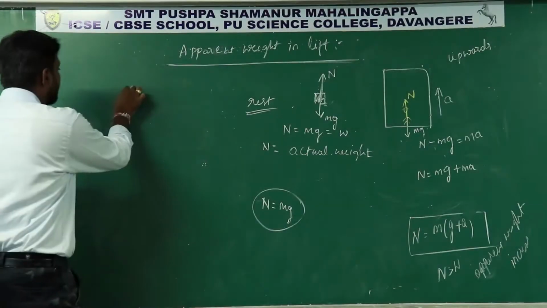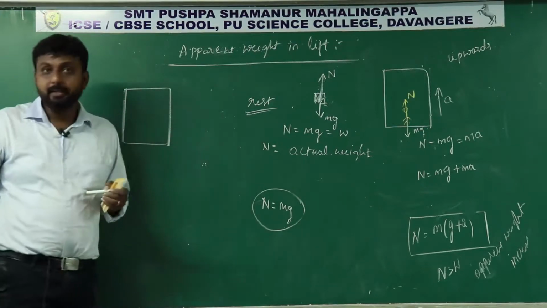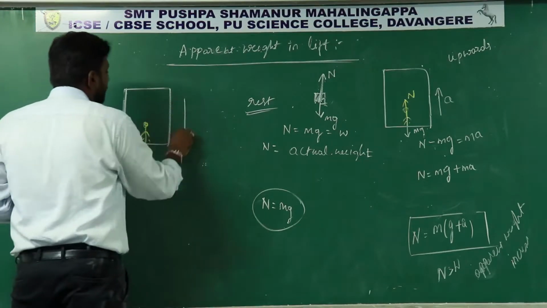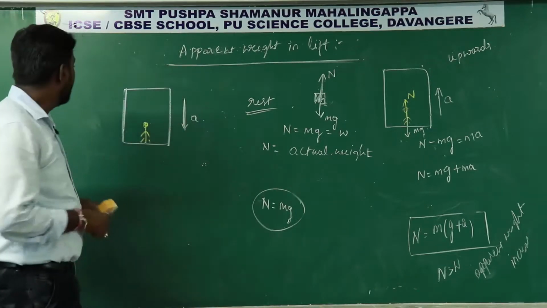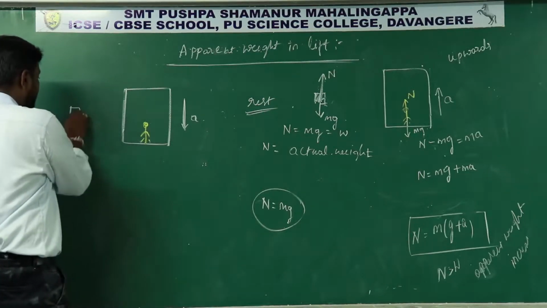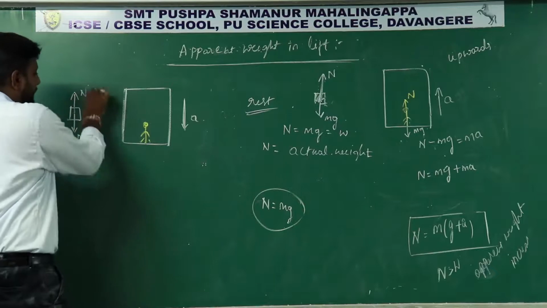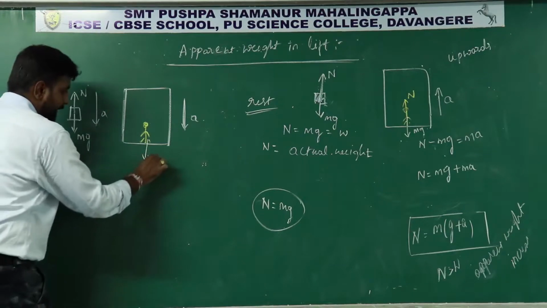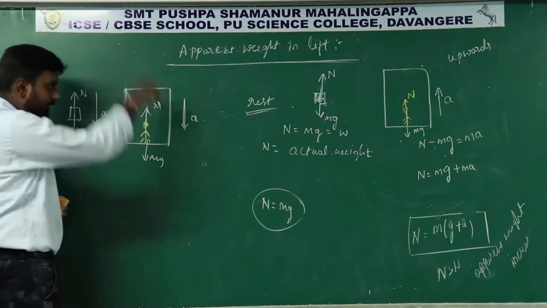And the next case. There is a lift, inside the lift there is a person, and the lift is moving downwards with some acceleration. In this case, if you draw a free body diagram, mg acts downwards, N acts upwards, and the acceleration is downwards.